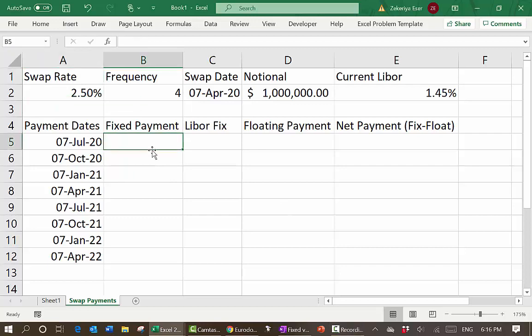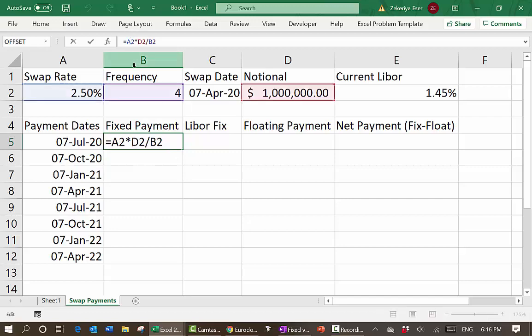The fixed payments are always using the swap rate. Take the swap rate, multiplied by the notional, divided by frequency in year. Remember, these are 3-month payments. So if you're a fixed rate payer, you are going to be paying exactly the same amount.